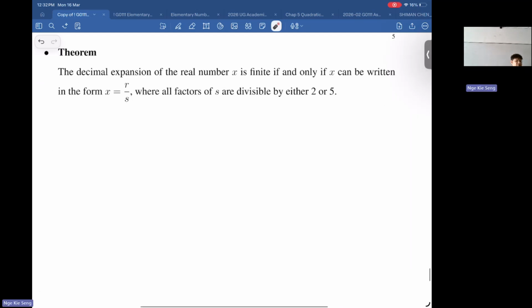Next, this one is more interesting. Although the result is not surprising, the phrasing is interesting. The decimal expansion of the real number x is finite if and only if x can be written in the form r over s, where all the prime factors of s are 2 or 5. So if your decimal expansion terminates, then x can be written with a denominator whose factors are 2 or 5.